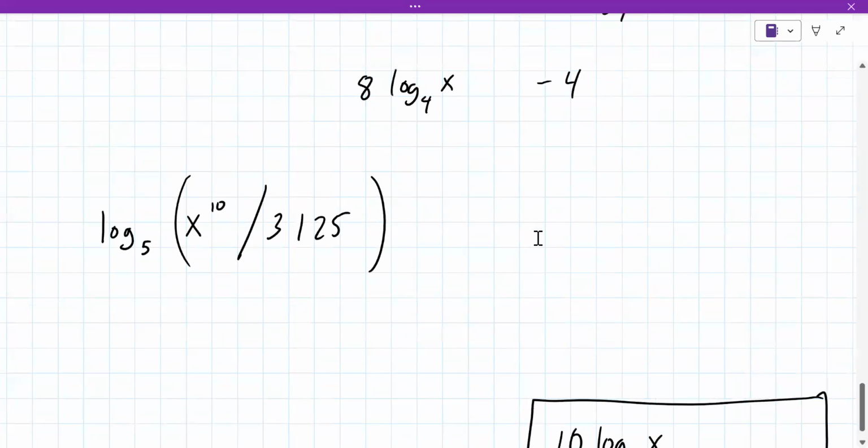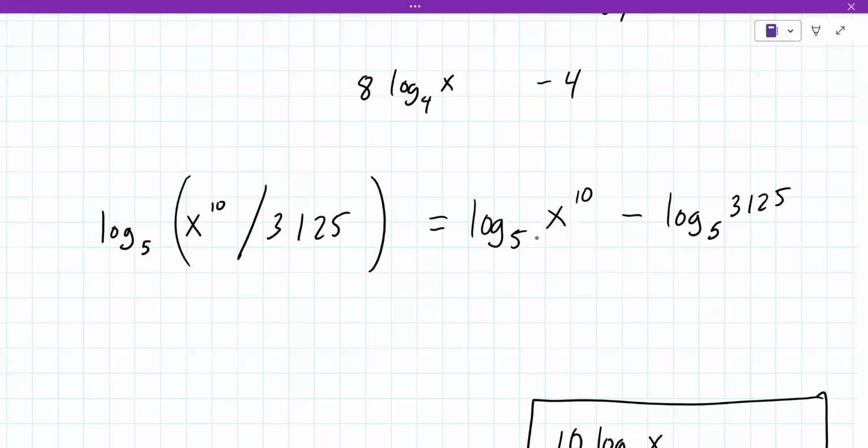Okay. So it doesn't sound like you got this expanded quite right. Minus log base 5 of 3,125, like that. Do you have something like that written down? Okay, that's good. What is 3,125? How can that be rewritten as 5 to some power? It's going to be 5 to the 5th. So lots of fives again. What can we do with the exponents?